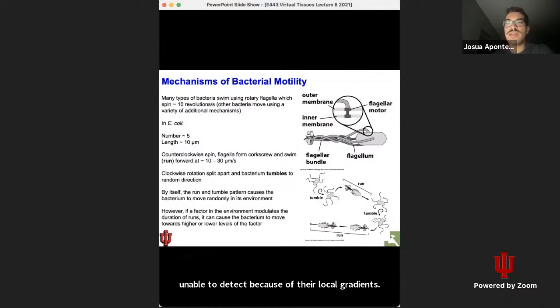The way they do this is by using their flagella. If you take a class in biophysics, you will spend a certain amount of time calculating the energy that the cell requires to move these flagella.